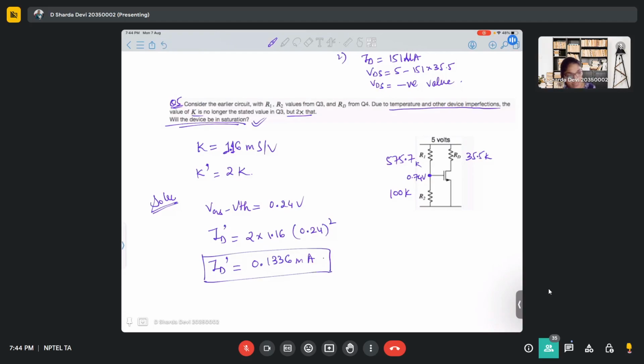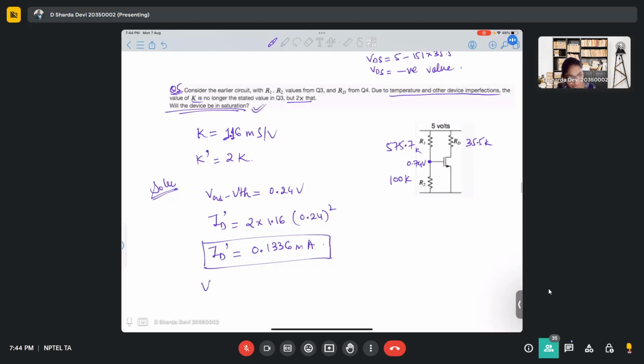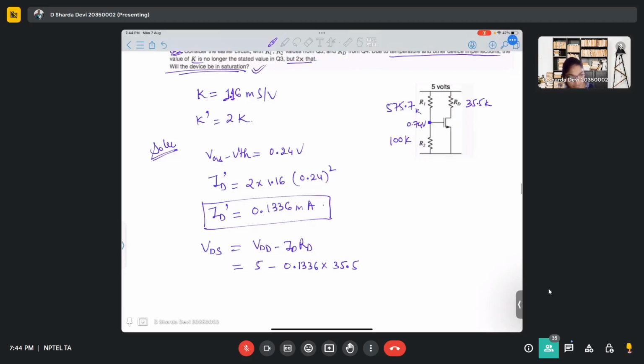Now with this ID, we will try to find the VDS. So VDS is VDD minus IDRD. That is 5 minus 0.1336 into 35.5. So what is the VDS that we are getting?